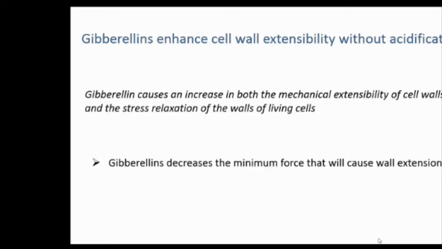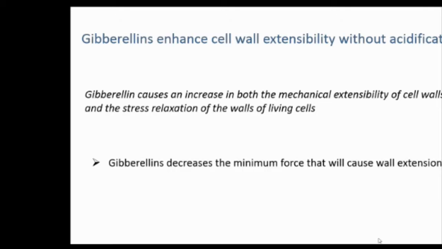Gibberellin has no effect on the osmotic parameters but causes an increase in both the mechanical extensibility of cell walls and the stress relaxation of the walls of living cells. An analysis of pea genotypes differing in Gibberellin content or sensitivity showed that Gibberellin decreased the minimum force that will cause wall extension. Thus, both Gibberellin and auxin seem to exert their effects by modifying cell wall properties.